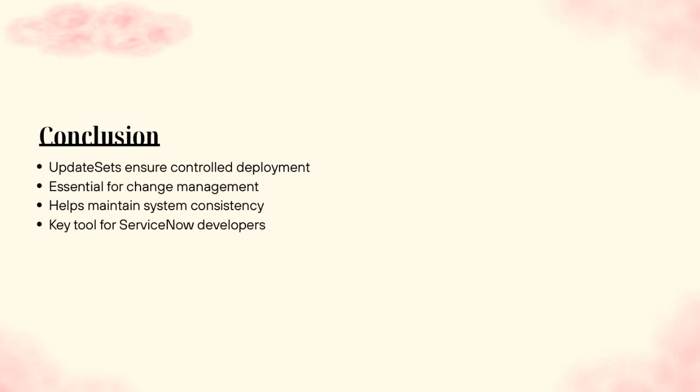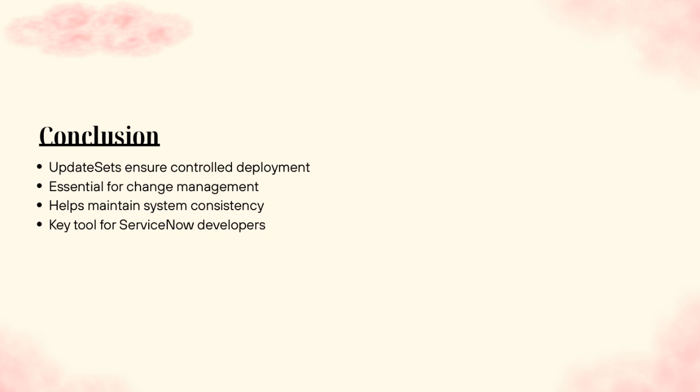Now, let's talk about why update sets are so essential in the world of change management. They help us keep everything organized and ensure that changes are implemented smoothly without disrupting the system's stability. This makes them a key tool for ServiceNow developers, allowing us to track and control modifications effectively.